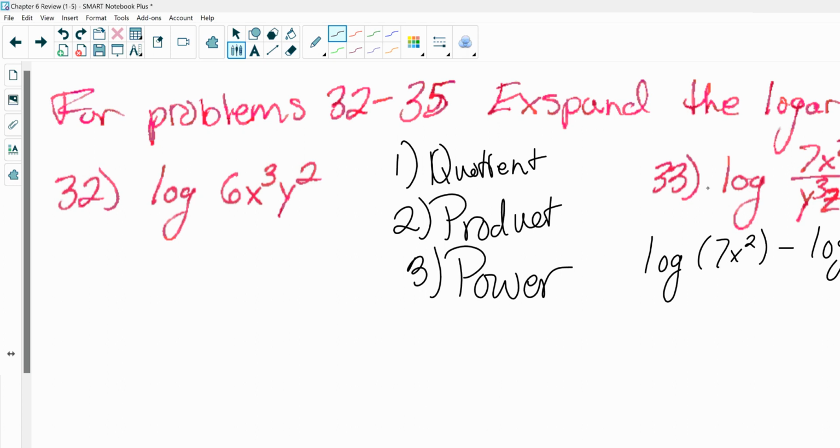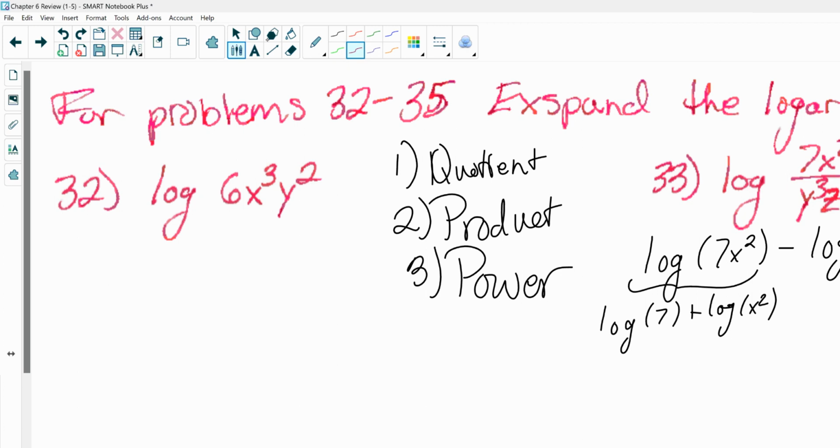Now when we do the product, log of 7 x squared, since we have two things being multiplied inside the log, we can rewrite them with addition. Now it's going to be log of 7 plus log of x squared. Now I'm going to write this out.